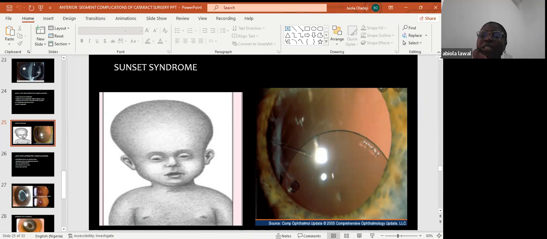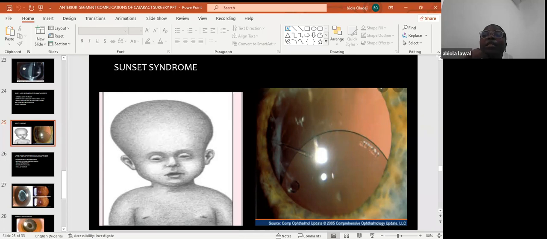It is associated with peripheral corneal edema, usually between 1 and 2 millimeters at the peripheral end of the cornea, that is not associated with neovascularization. The central part of the cornea is clear in this syndrome, and it is also found to have pigment cells deposited in the areas where you have the edema.